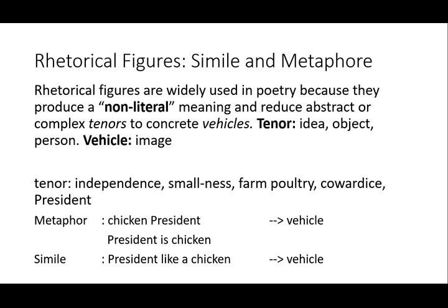It may refer to the independence of the chicken. It may refer to the insignificance of the chicken, because this is a small and not a threatening animal. It can refer to the farm. It can refer to the cowardice, and all of those things are added into the attribute of the president.